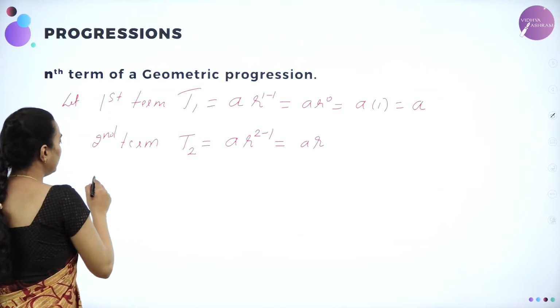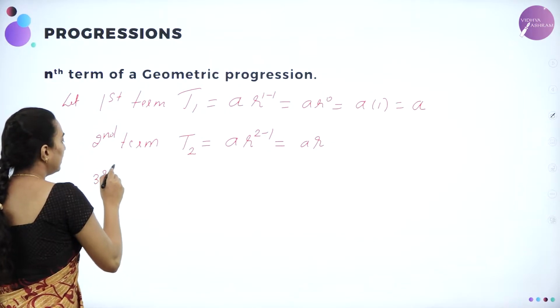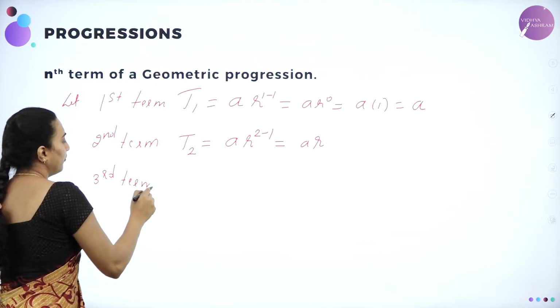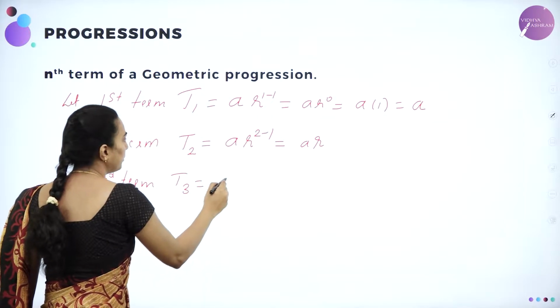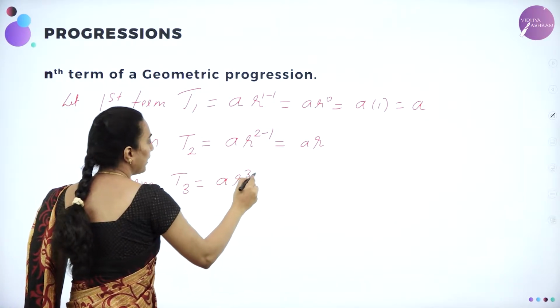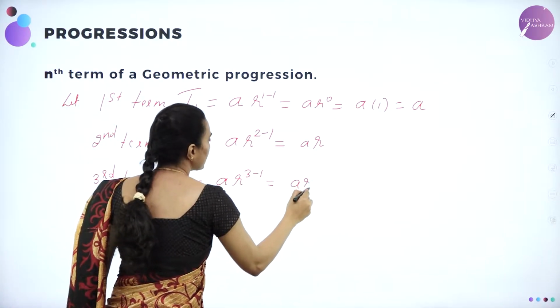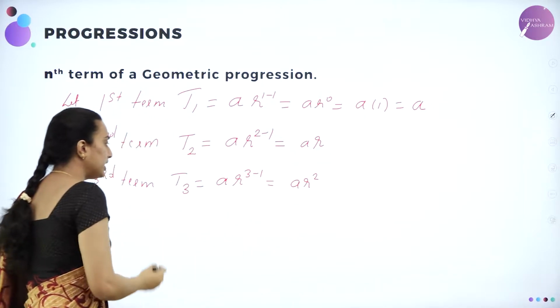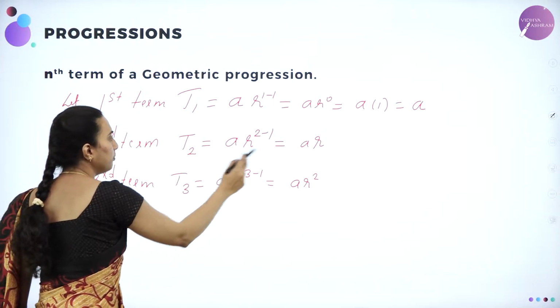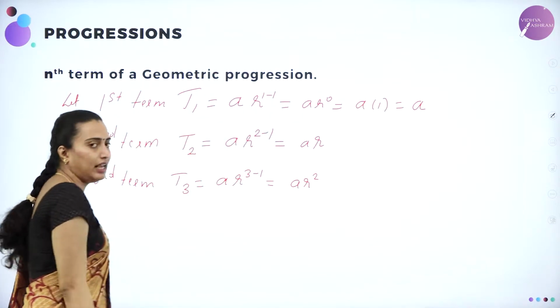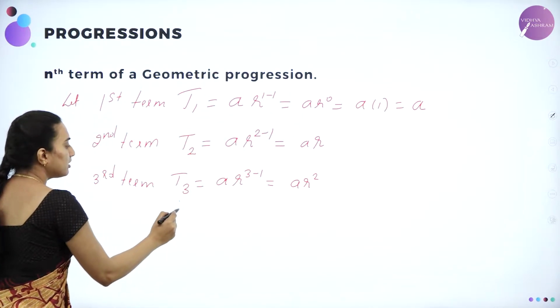What will be the third term? Third term, which implies T3 is equal to a r to the power of 3 minus 1, which is nothing but a r square. So one power is decreasing there. T3 means a r square, T2 means a r, T1 means only a. That means what will be the nth term, dears?